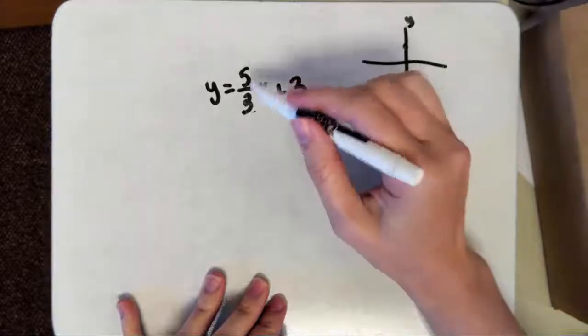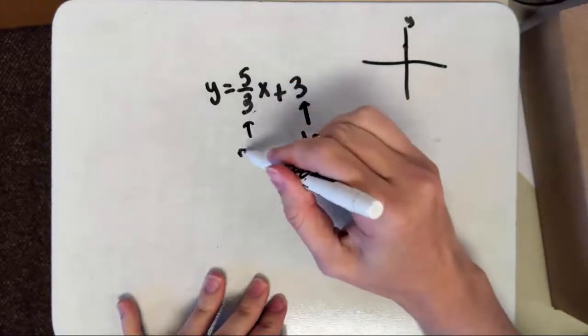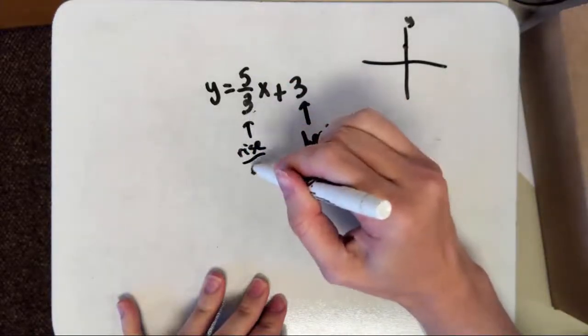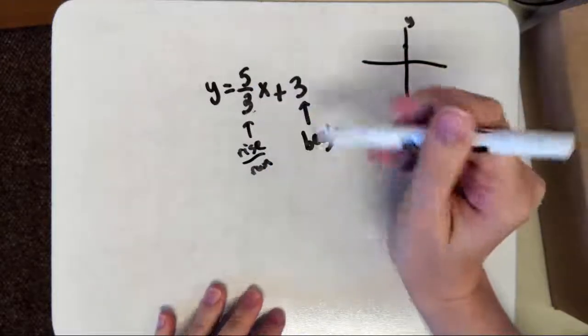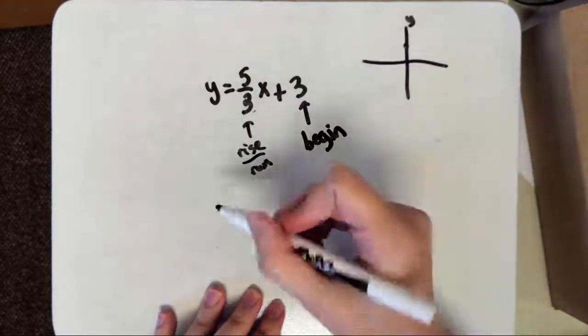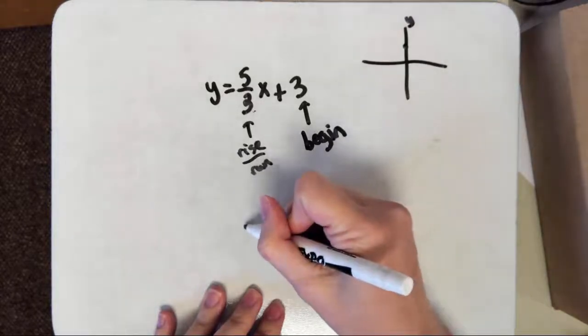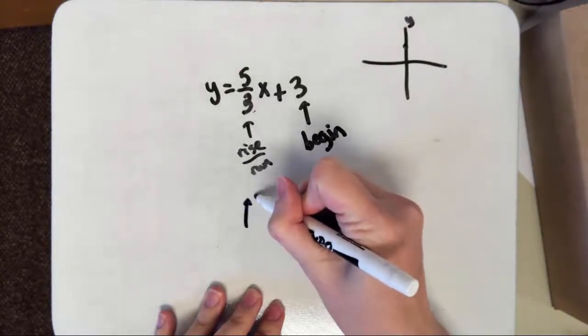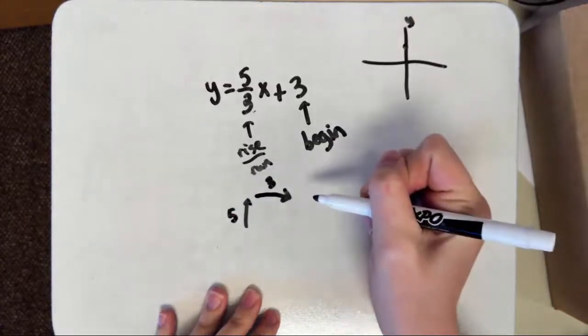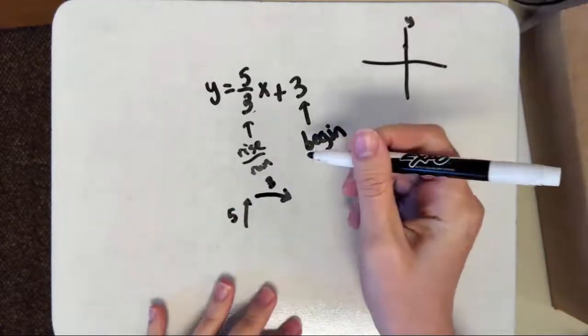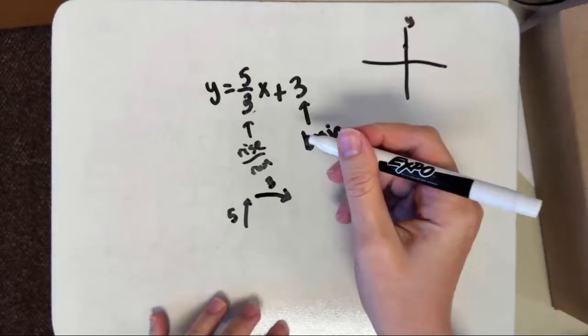When we're looking at our slope, which is our rise over our run, it matters whether our slope is positive or negative. So since this is a positive 5/3, I'm allowed to do one of two things. I can think of that as going positive both directions, that I'm going to go up 5 and right 3. But I can also think about it as being negative both directions.